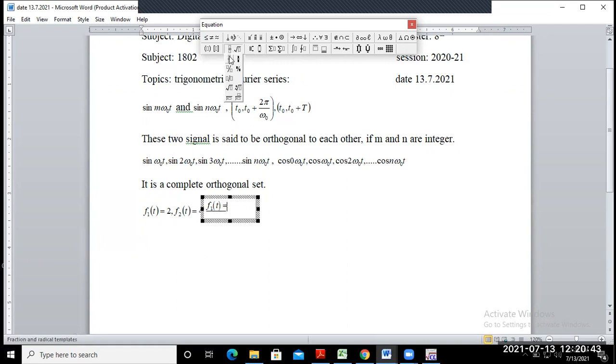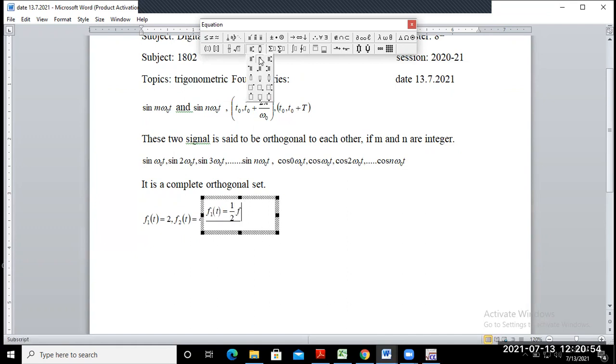So this 1 by 2 may be represented as a coefficient, for that c12. This is the general representation, okay.